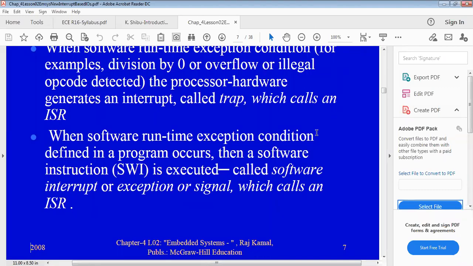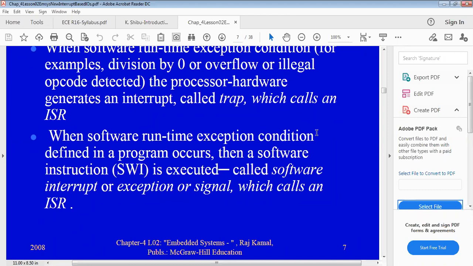If instead of ADD we type something like ADB by mistake, that is also given under this type of software interrupts. The processor hardware generates an interrupt called trap, which calls an ISR.